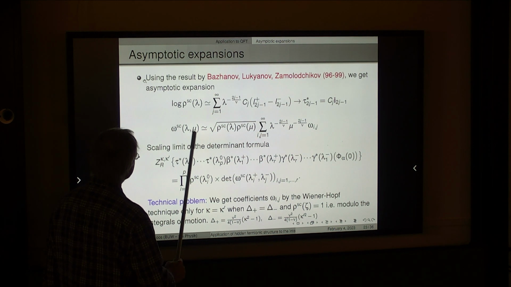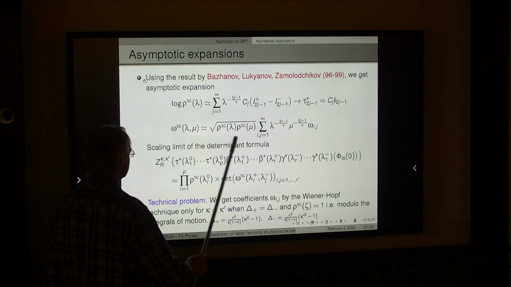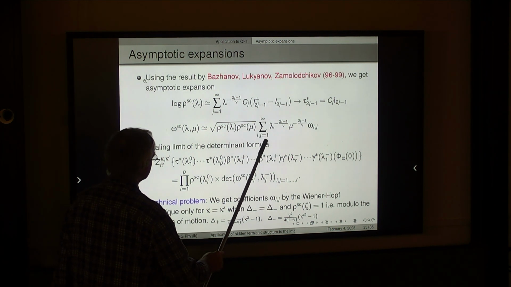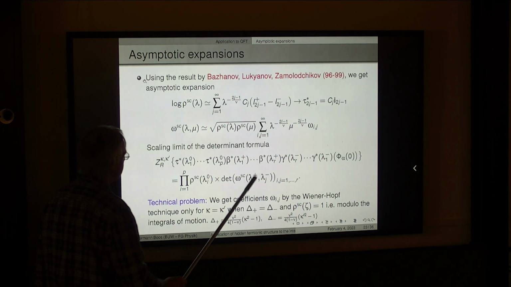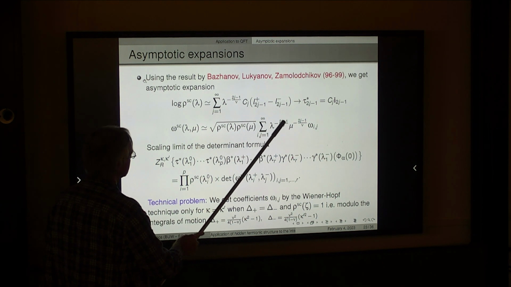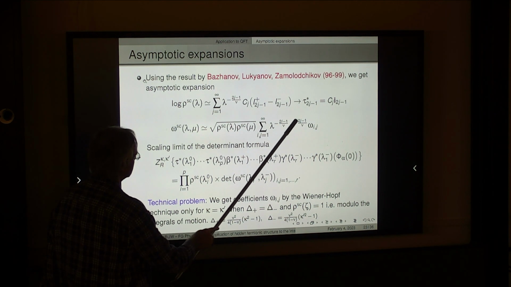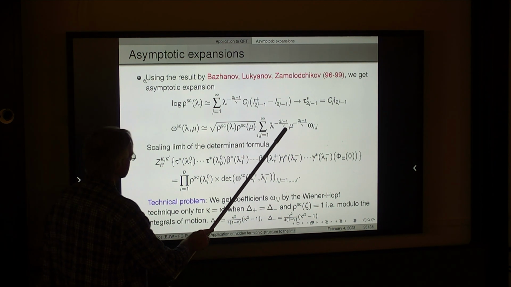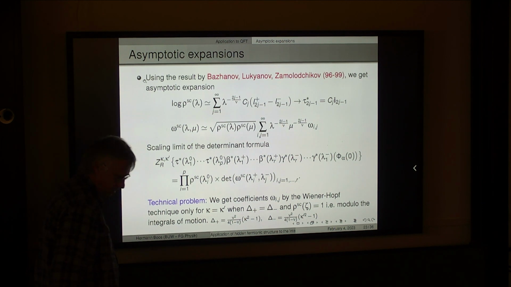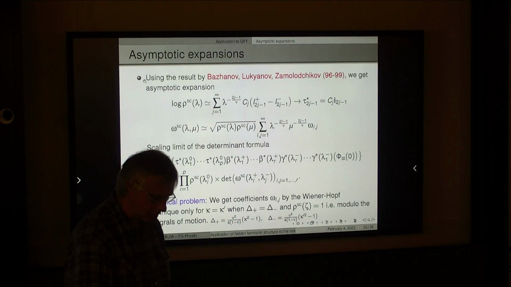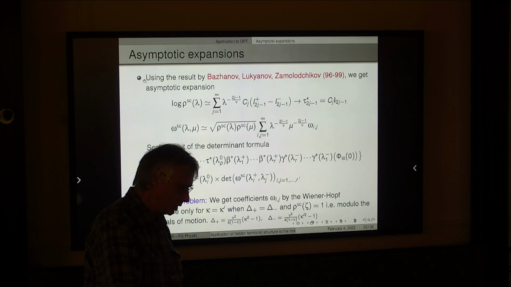And omega up to the square root is some double sum with respect to i, j. Important is that this expansion goes only for odd indices here, and this mu in the denominator comes from the right way of rescaling.